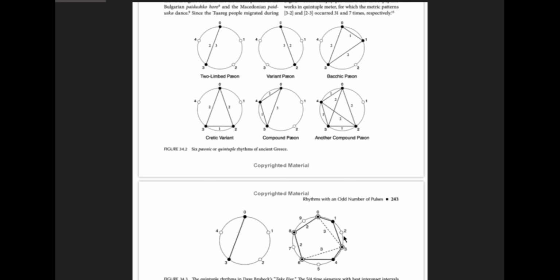You can see his usage of that right here. And we were looking at that in regard to the circle graphs or polygonal graphs of the Fibonacci sequence over various moduli.